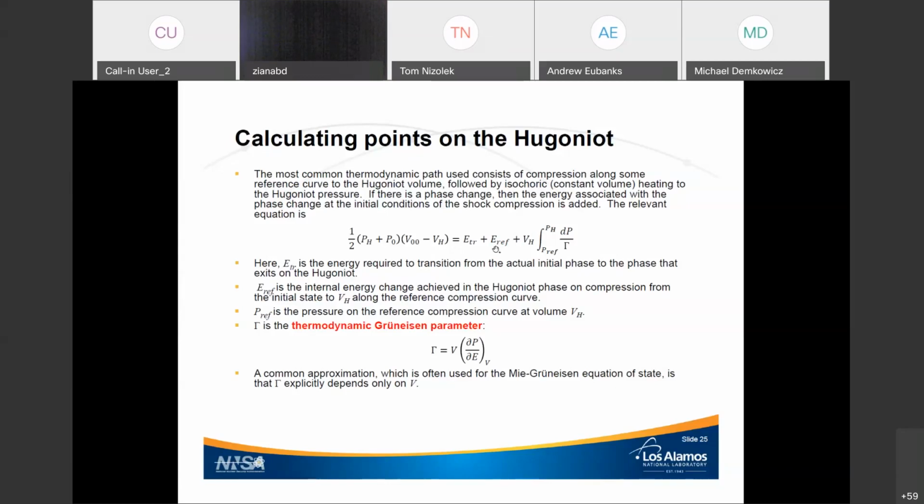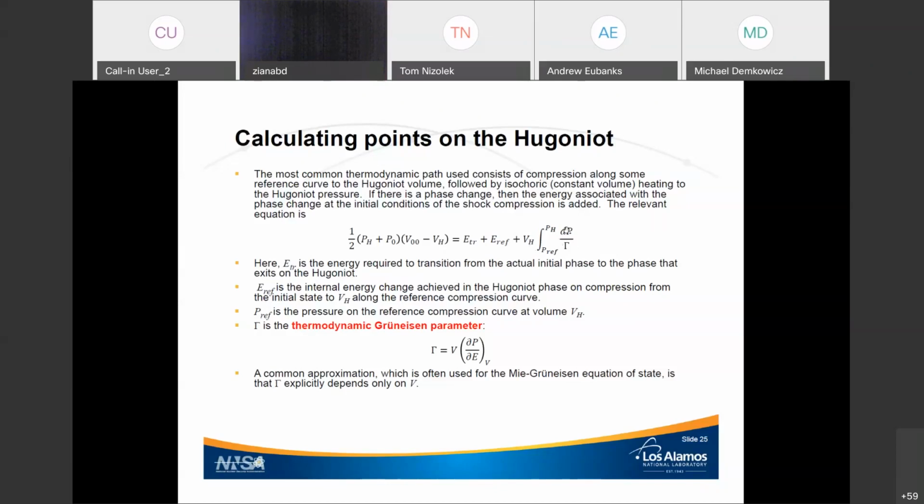Here's our energy along the reference compression curve. Notice I haven't said, okay, this is minus the integral of PdV, because our reference compression curve could be any of a number of things we choose to define, as long as we can define it and can do the calculation. And here's our isochoric heating or isochoric energy increase.